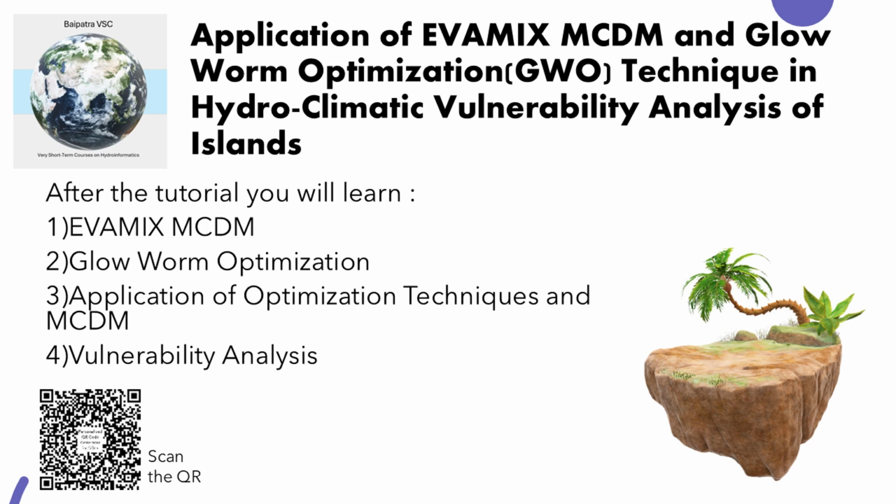So, based on political impact, environmental impact, socio-economic impact, and technical impact, all these parameters or features will be compared with each other to find the priority of each parameter in representing the hydroclimatic vulnerability of islands.